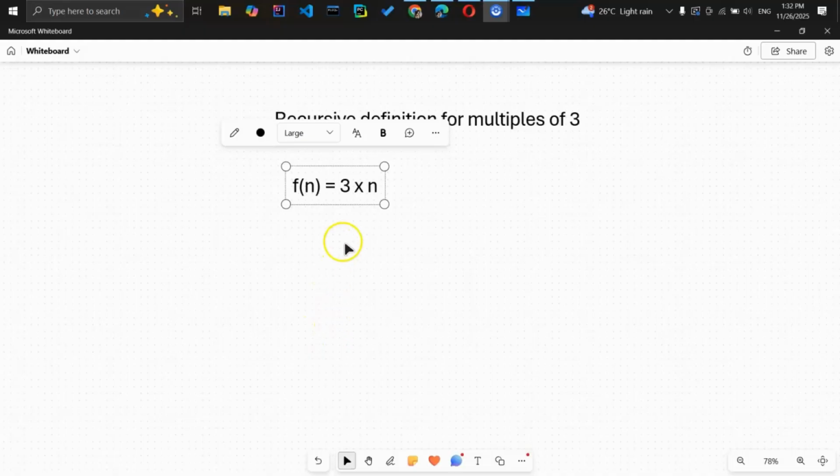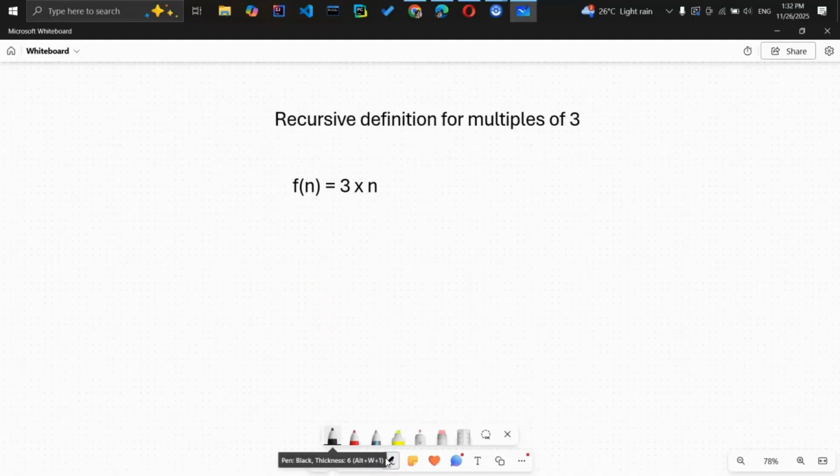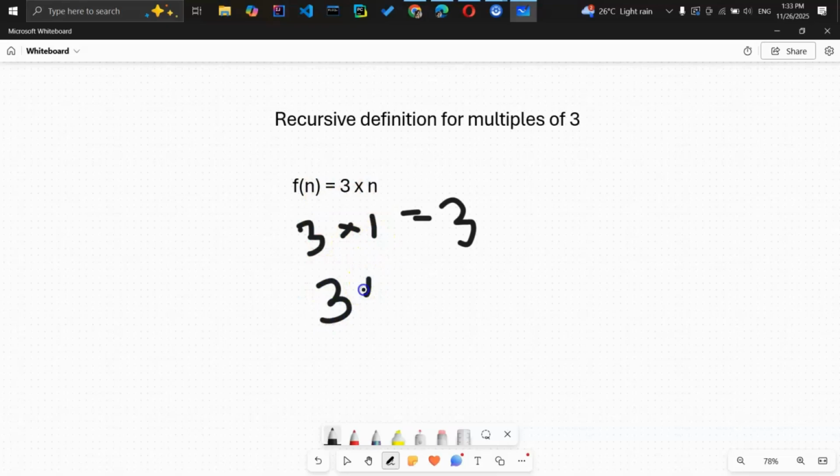And we can write it like this. F1, n equal to 1, gives 3. F2, n equal to 2, therefore 6. You can continue these steps, right?